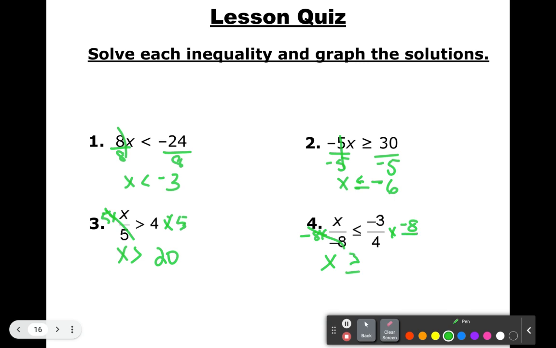Remember, when you multiply fractions and whole numbers, you have to put a 1 under the whole number. -3 times -8 is 24. 4 times 1 is 4. You can simplify that by dividing. And so now x is greater than or equal to 6.